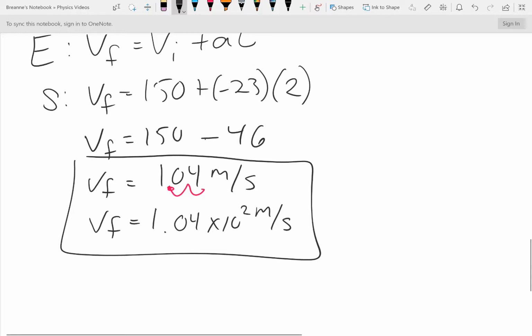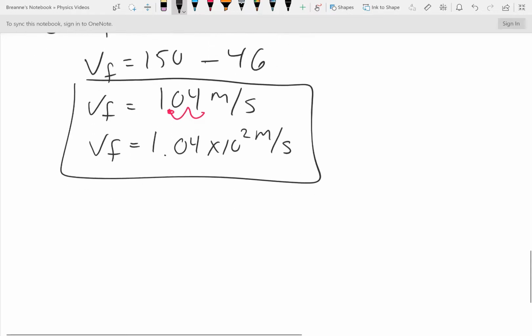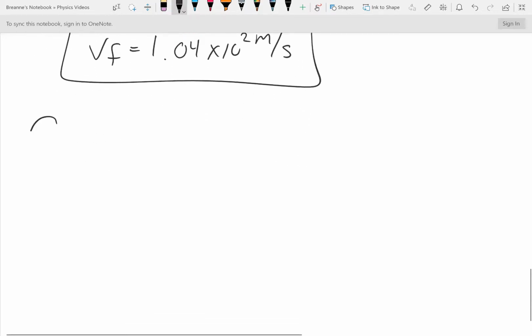Question 2. Question 2 states, what is the acceleration of a bicycle that changes its velocity from 11.2 meters per second to 25.3 meters per second in 8.71 seconds? So givens. It says a change of velocity from 11.2. So we know it's velocity, but which one?